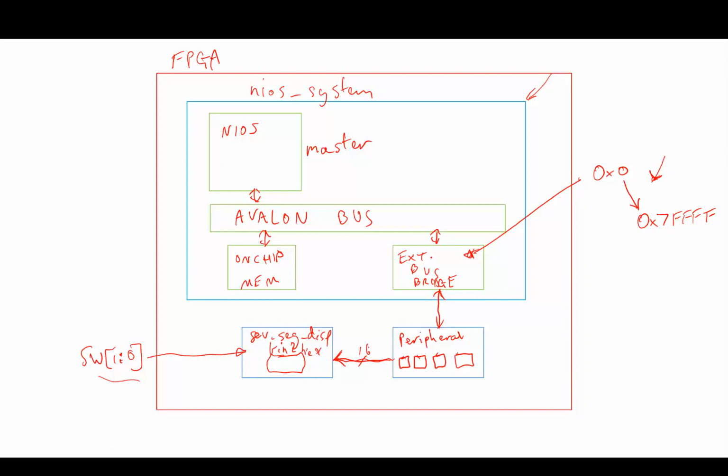Call it binary to hex. It will take that value and then pass it out to the actual 7 segment displays on the DE2 board. There are 8 of them, but we'll only be using 4.